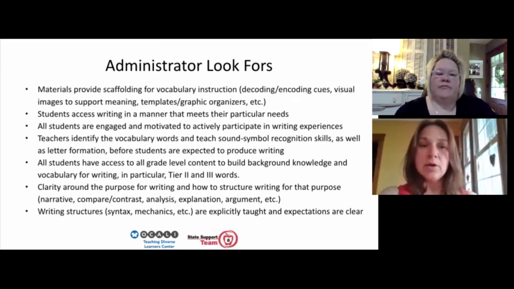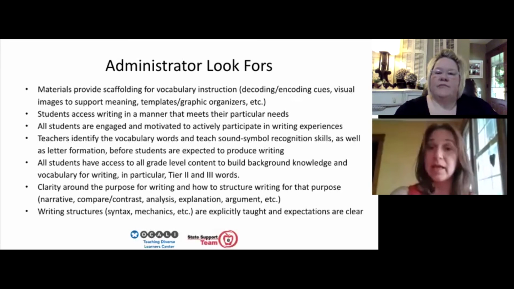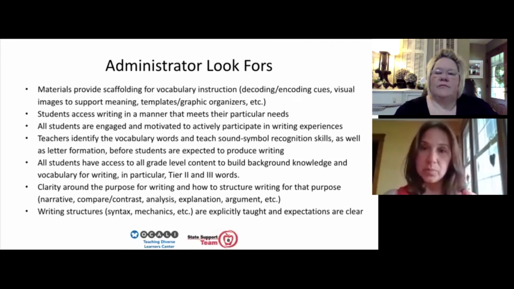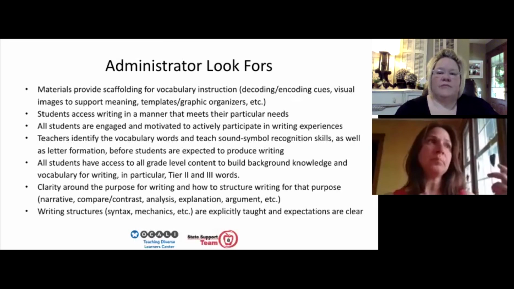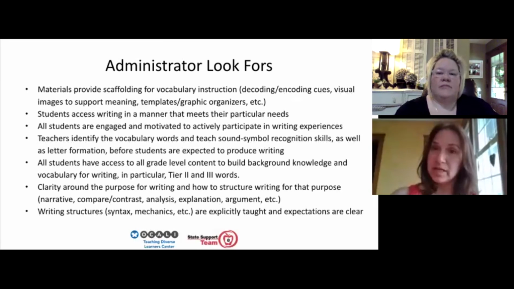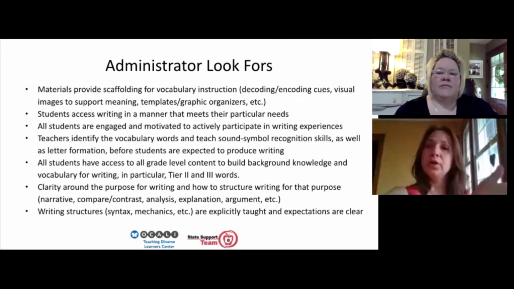And lastly, writing structures such as syntax, how the sentences go together and are structured, as well as mechanics and punctuation, those types of things, making sure that they are explicitly taught and expectations are clear, especially if students are going to be graded on mechanics or those types of things. We can't assume that students know and understand those concepts from earlier grades.